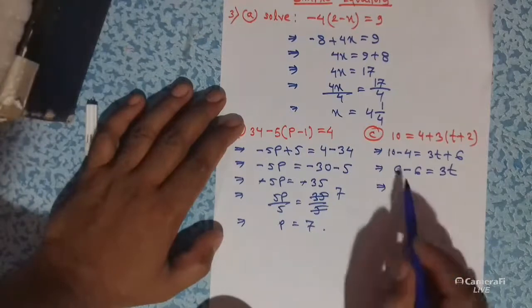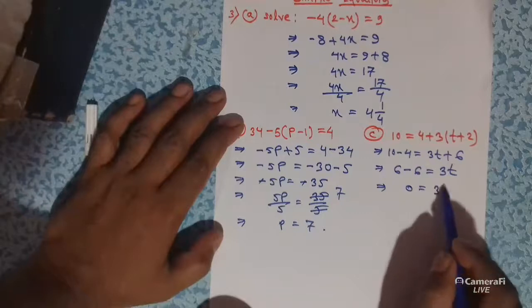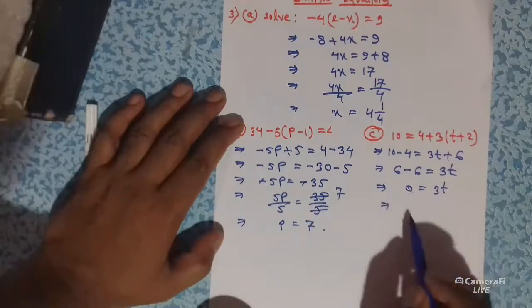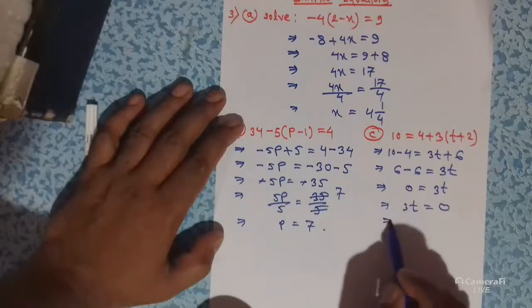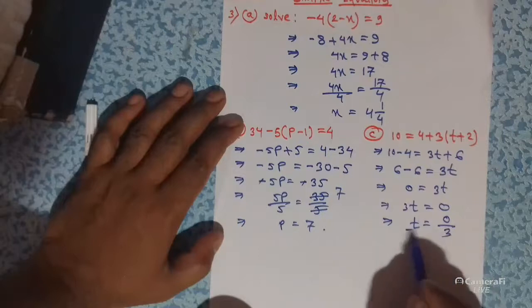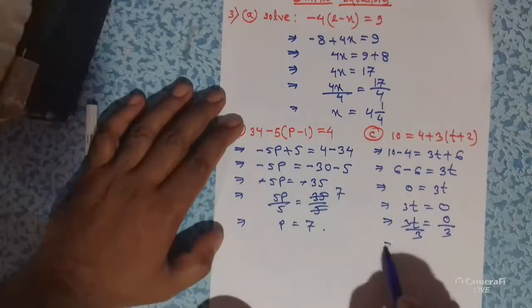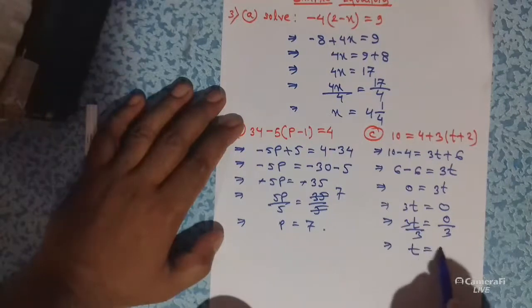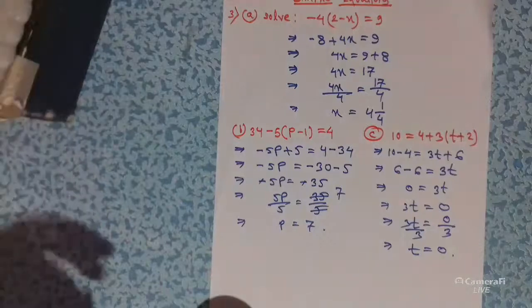Now 6 minus 6 is 0, so 0 is equals to 3t, that means 3t is equals to 0. So this implies t is equals to 0 by 3, because we must divide both sides by 3, so t is equals to 0. So t is equals to 0 is the right answer students.